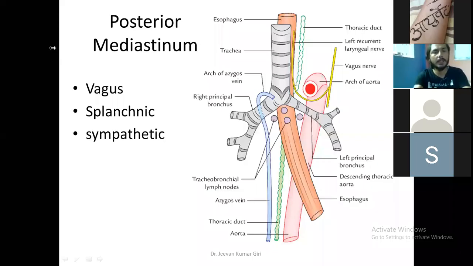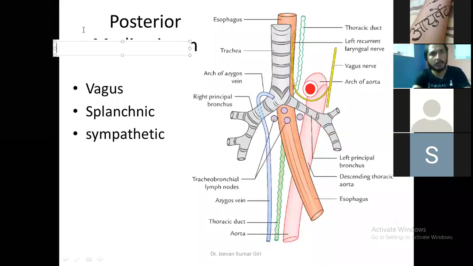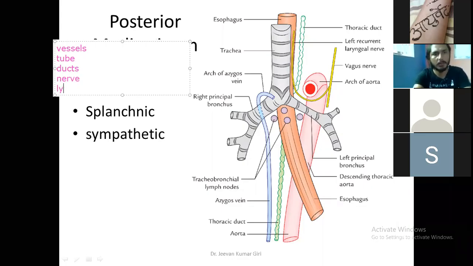You will see vessels, you will see tubes, you will see ducts, you will see nerves. In duct, only the lymph duct will come.